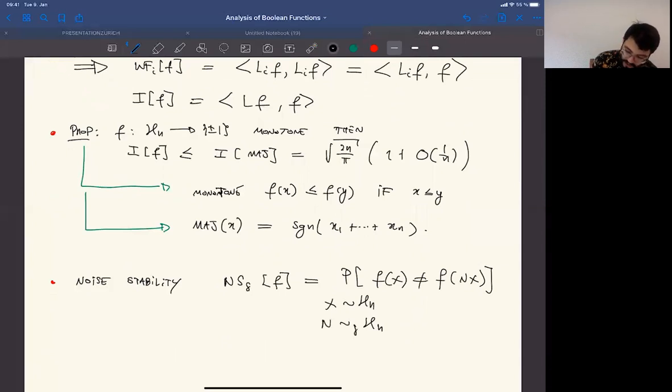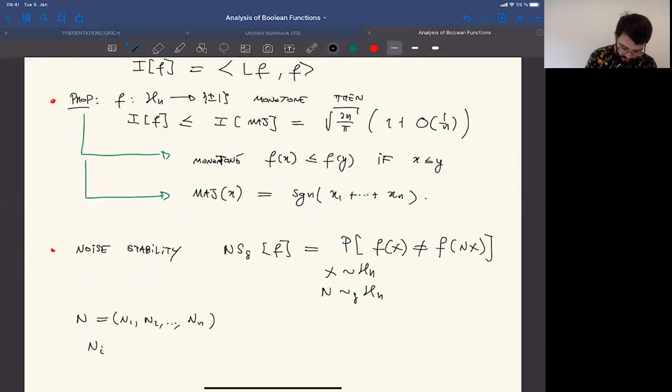This thing here is multiplication coordinate-wise, and n is just the noise, and these are, of course, IID, identically independently distributed, and the probability of ni being -1 is delta, and the probability of ni being 1 is 1 minus delta.